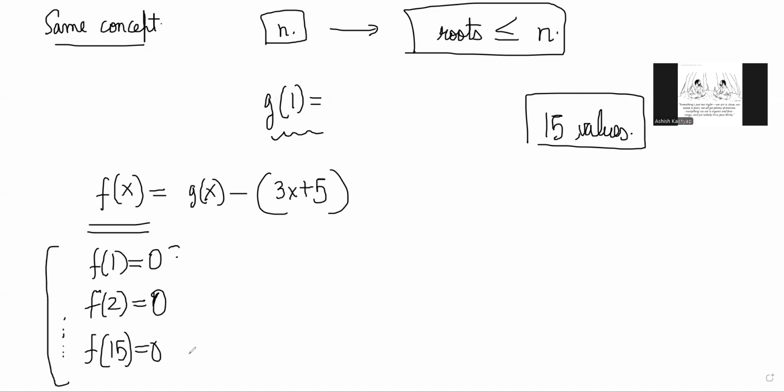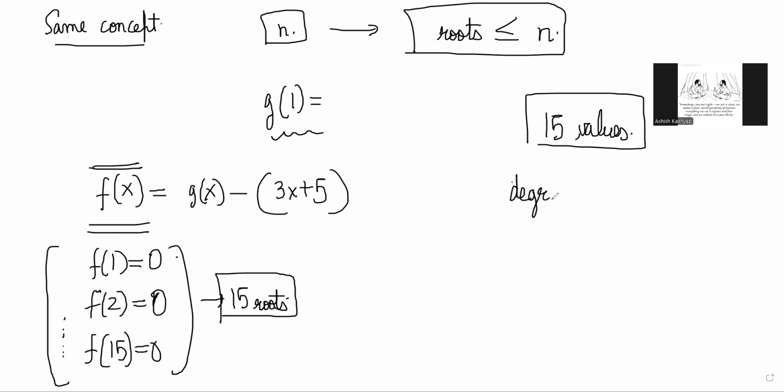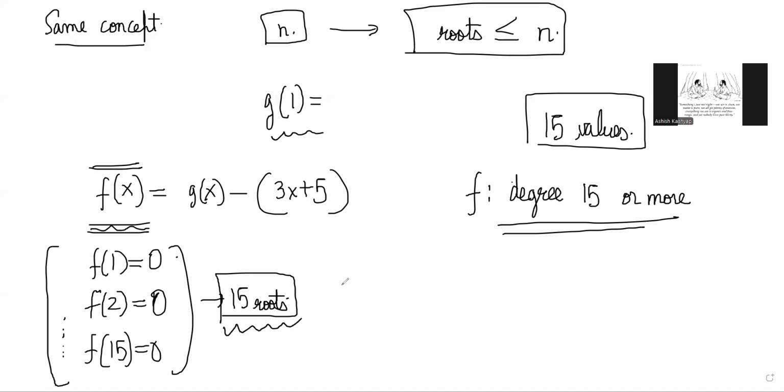You see that this f has 15 roots. If f is a polynomial, f has to be degree 15 or more. Do you understand that f has to have degree 15 or more if it has 15 roots?